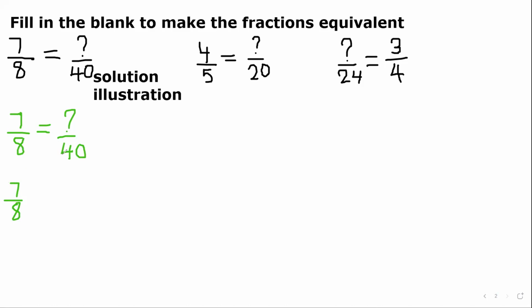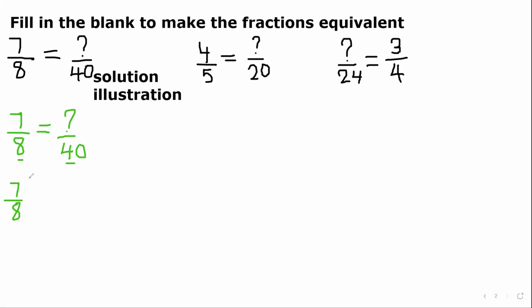So 8 is equal to 40 and 7 is equal to what? Unknown number here. Then, since we know the denominator here and the denominator here, we know before you can get an equivalent fraction, we always multiply a certain number by both numerator and denominator in order to arrive at another fraction that will be equal to that.